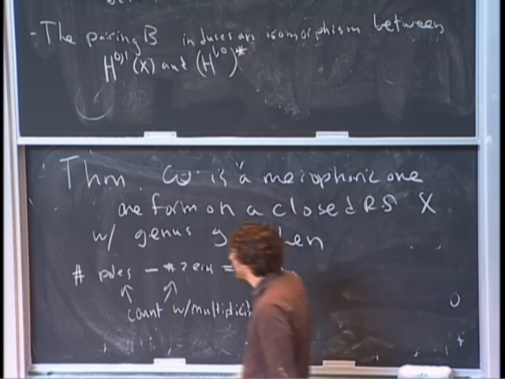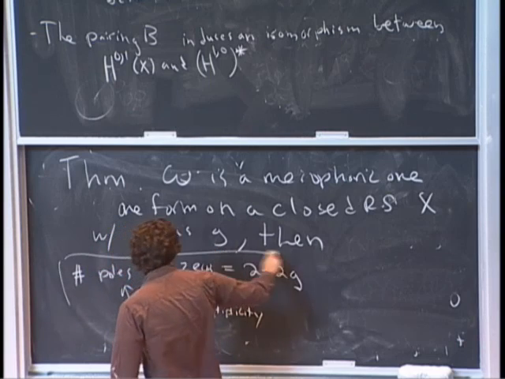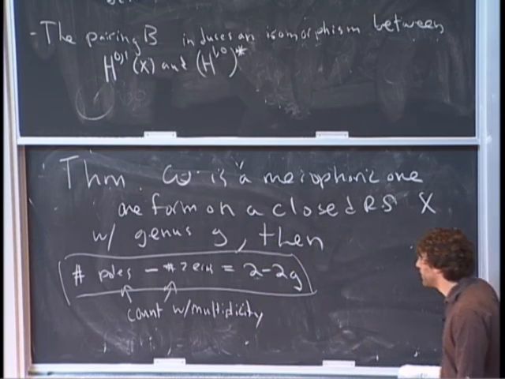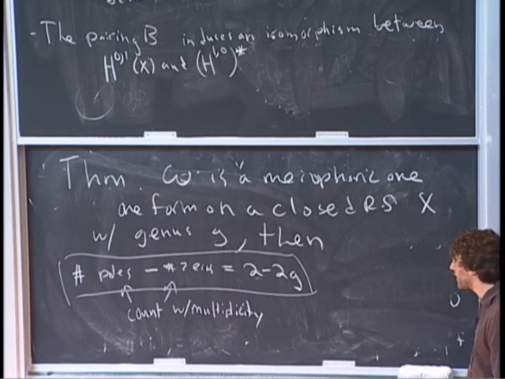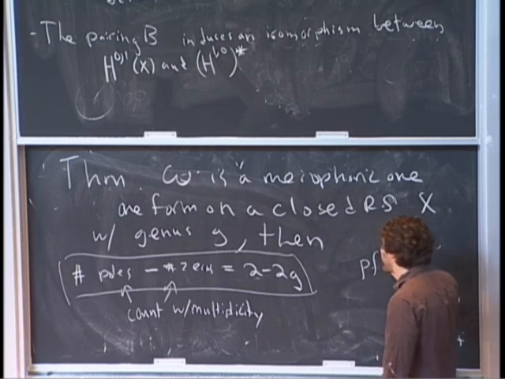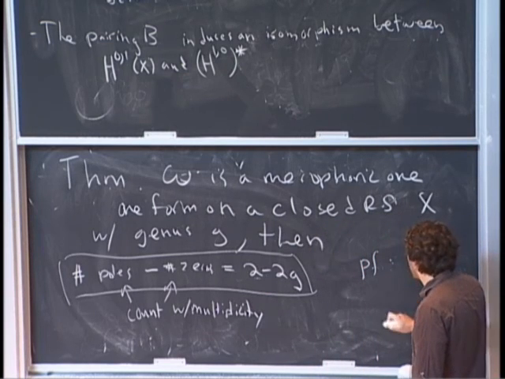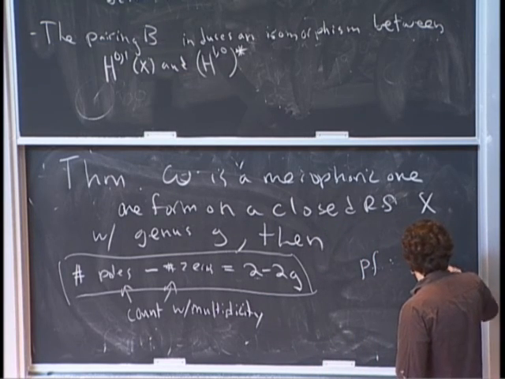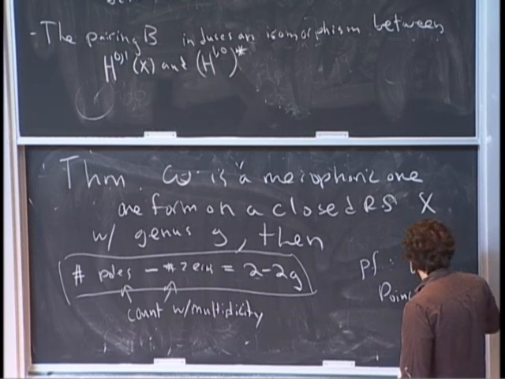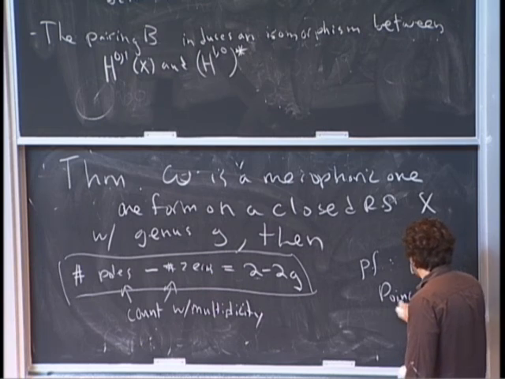If you've studied this, it has a lot of generalizations. It's a prototypical example of an index theorem. The proof, which I won't be able to give, can be done using the Poincaré-Hopf index theorem.